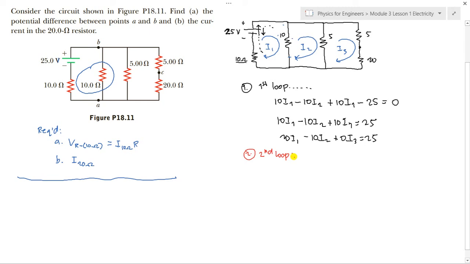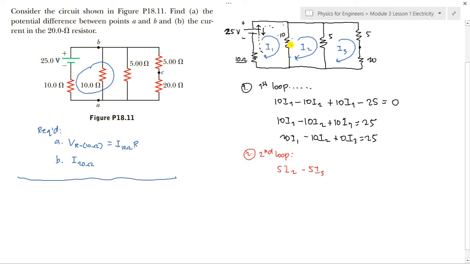So for the second loop, starting with 5, we take the direction of I2 as positive, so we have 5 times I2, then we take I3 as negative because it is opposite to I2, that is minus 5 I3. What else?